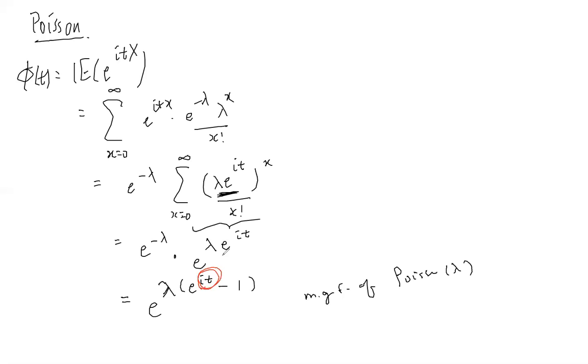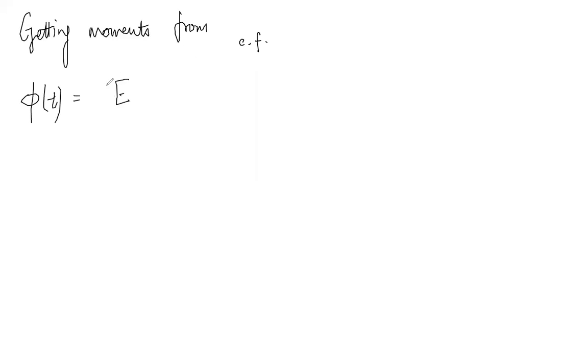Now let's look at how to actually get moments out of characteristic functions. Your characteristic function is defined as this.